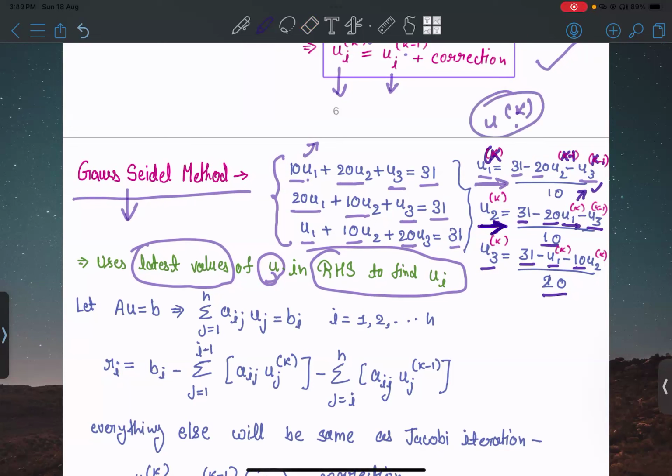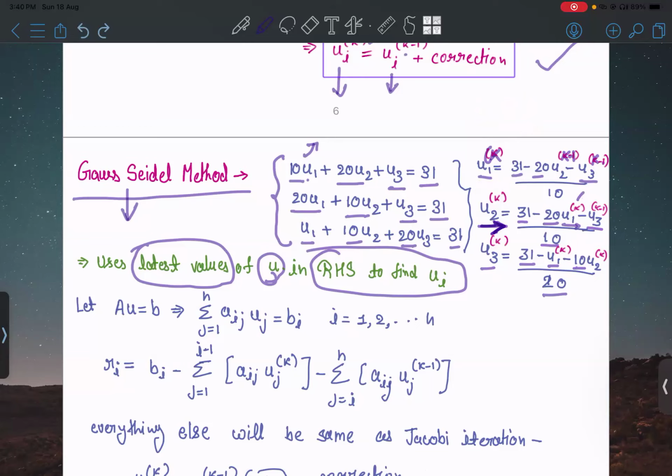Okay, similarly here, if I want to find u3 at the kth iteration, so rather than the k minus 1th, the kth iteration value will be used to solve the equation. Okay, so this is the small difference between Gauss-Seidel and Jacobi iteration.